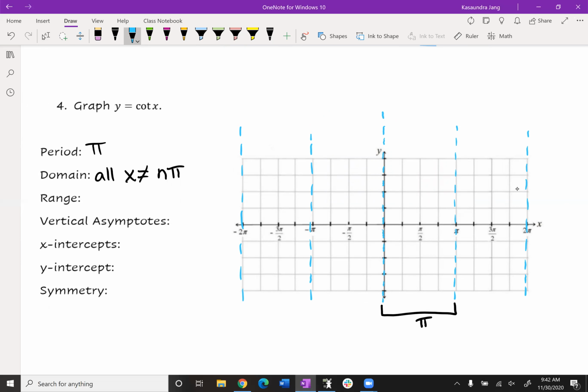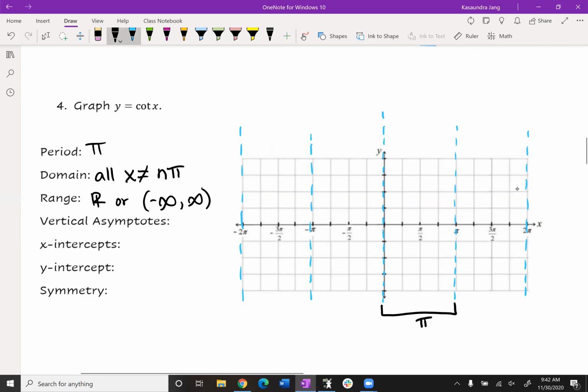Okay, range, same as tangent. It is all real numbers, or you can say negative infinity to positive infinity. Vertical asymptotes. The vertical asymptotes are where I restricted the domain.